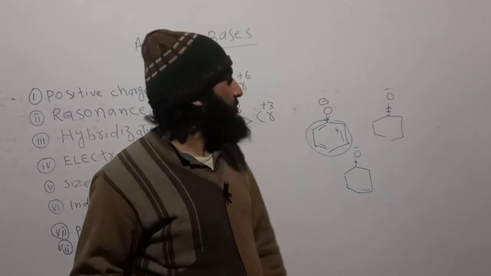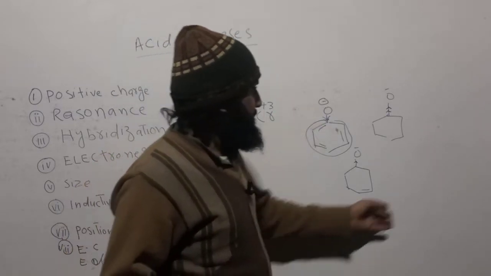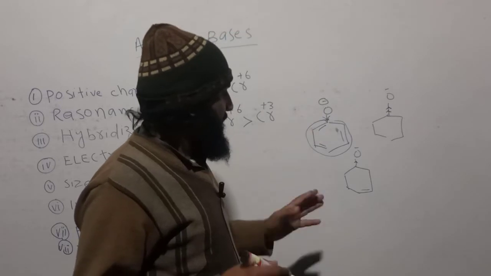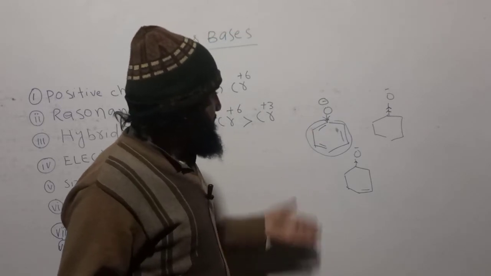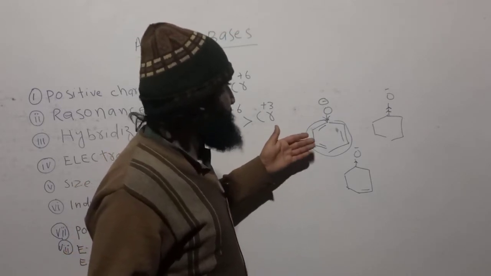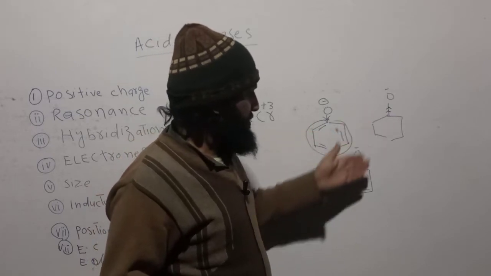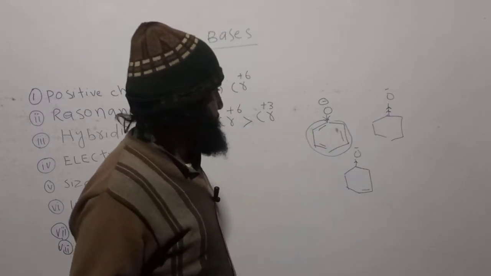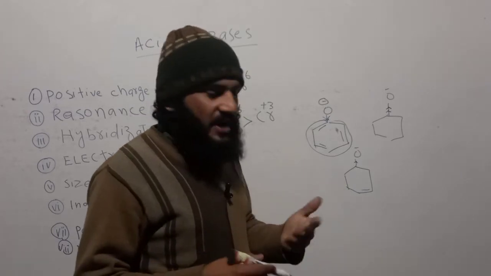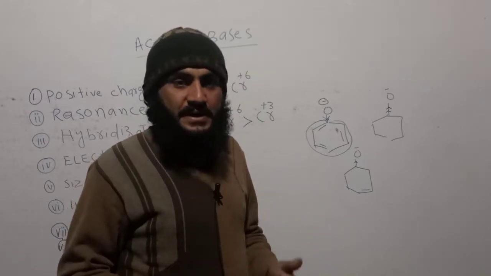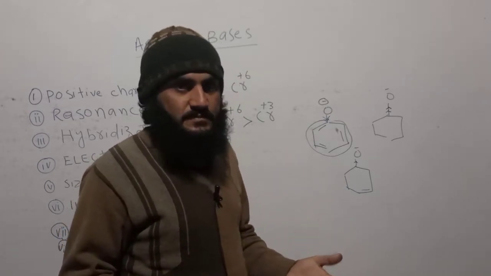Again, listen. Here you can see these three structures, and we conclude that this structure is least basic compared to these two, because the basicity of any species depends upon the charge density.